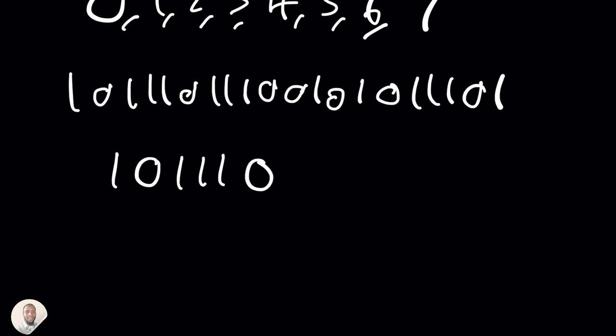So instead of writing this long binary number, we can convert it into octal for easier reading. What we can do is group the binary digits into sets of 3 from left to right. We are grouping it in 3: 101 and 110.